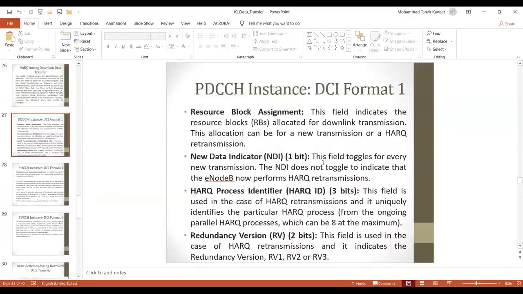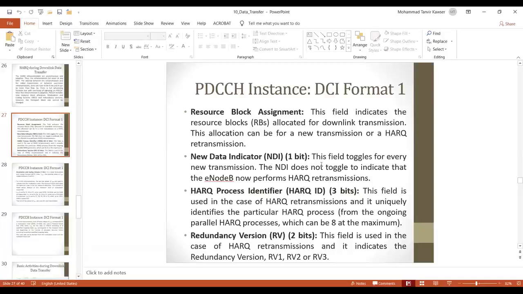Now, the PDCCH instance includes this information, the resource block assignment. It has these fields, which tell you which resource blocks are allocated, how many, and where they are located. Also, it includes some HARQ ID, and the NDI.